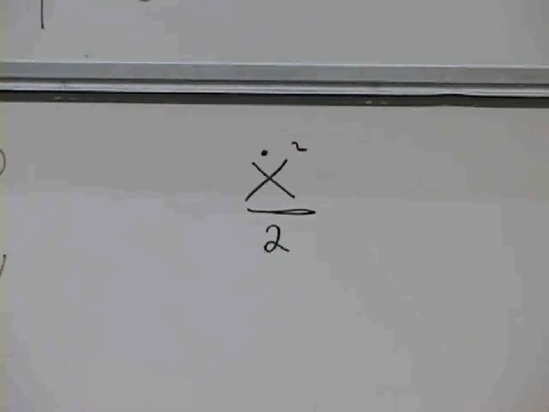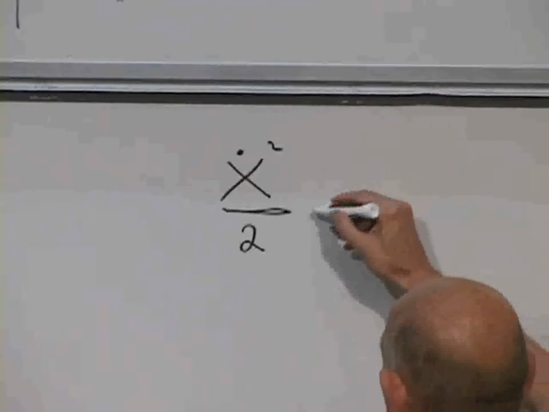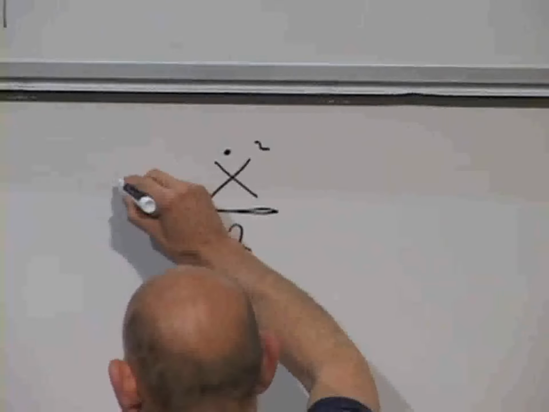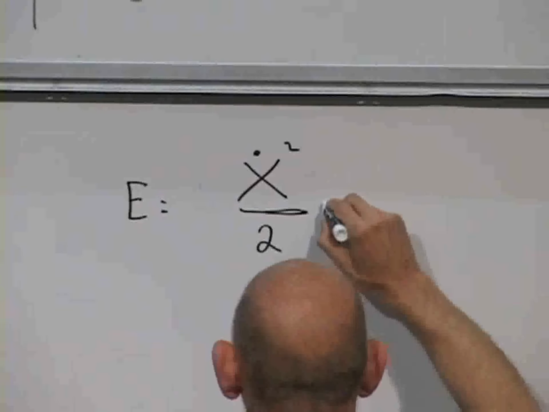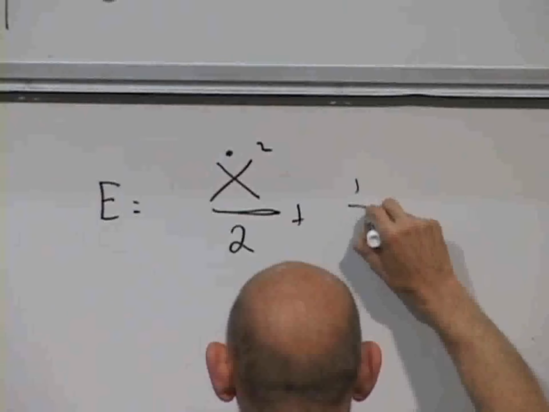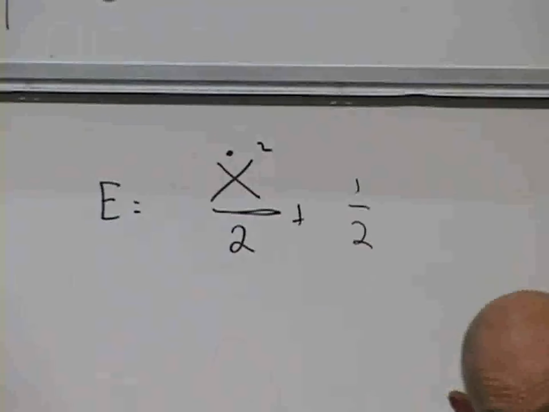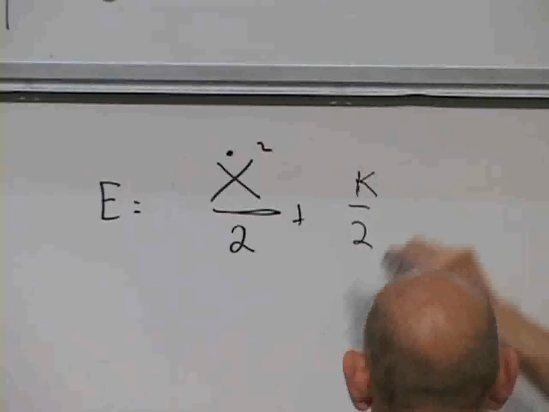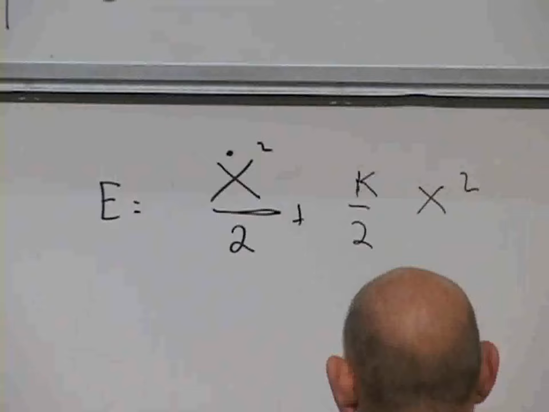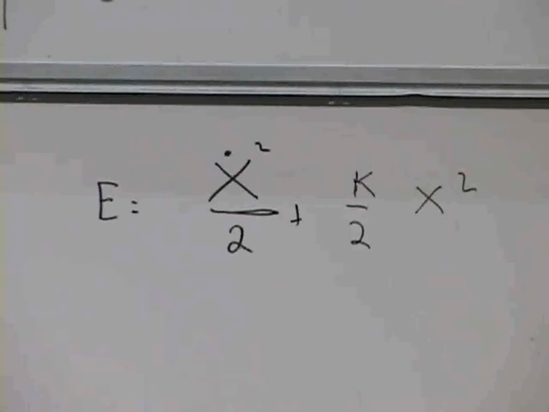What about the potential energy of a Hooke's law oscillator? So this is energy. It's plus 1/2 times the spring constant. Call it kappa. X squared. What's the frequency of this oscillator?